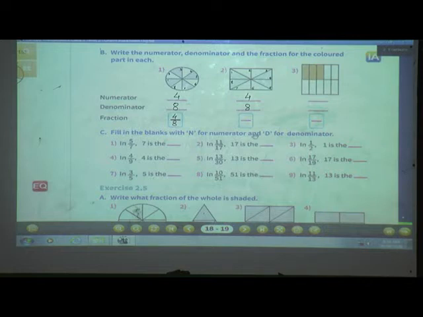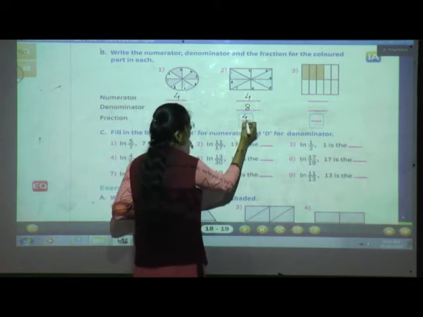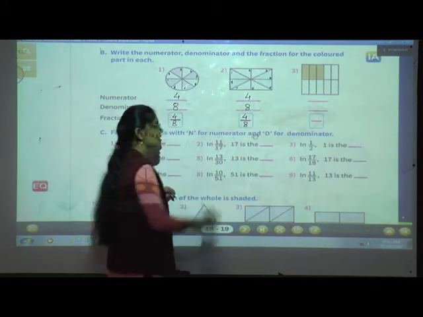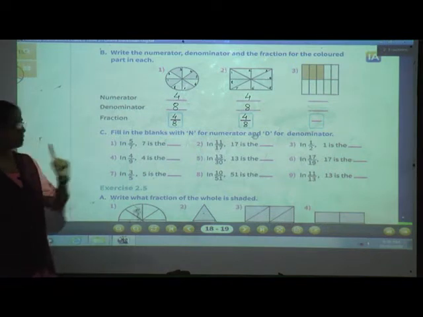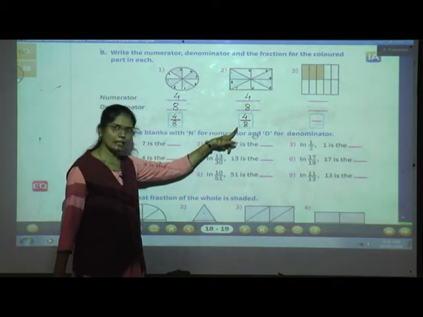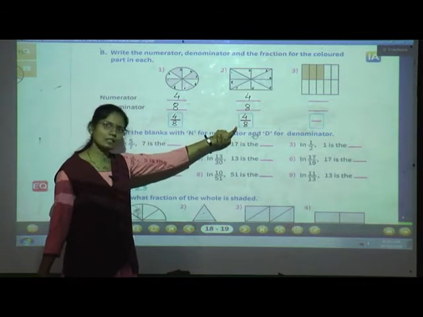Fraction means numerator by denominator, so write 4 by 8. Now read this fraction, 4 by 8. In this fraction 4 is the numerator and 8 is the denominator.